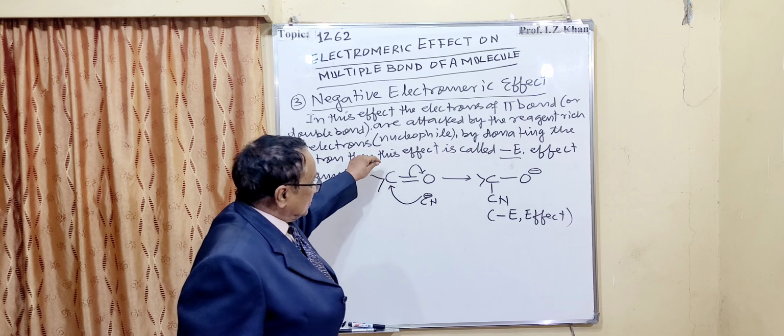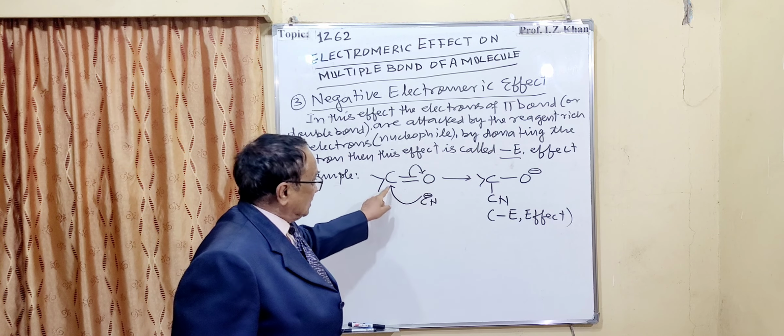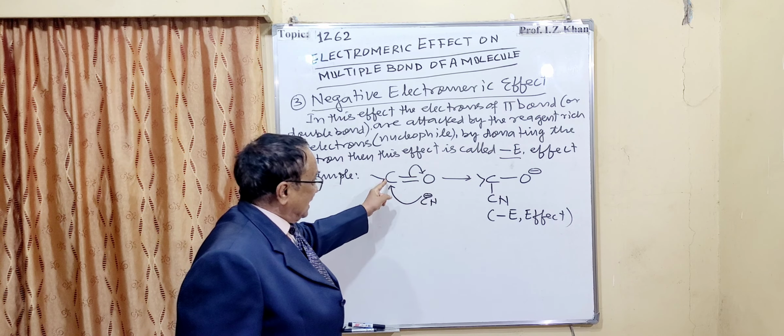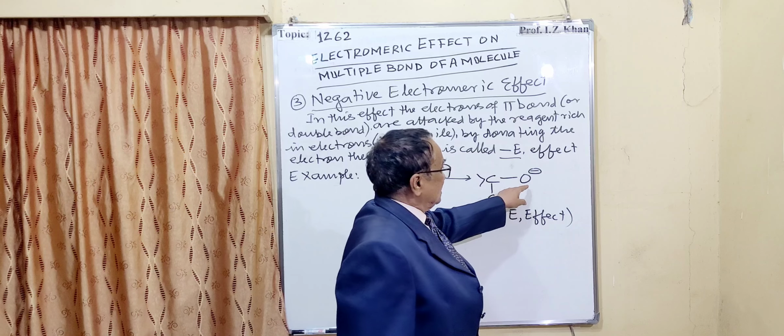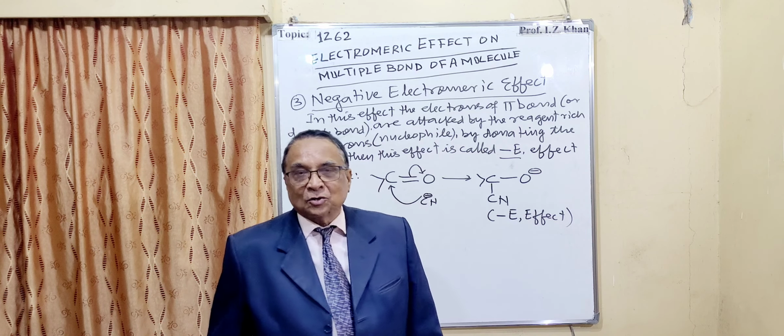Once it attacks this carbon, this pi electron will be shifted to oxygen. So it will be linked to this carbon, and the electrons will be transferred to oxygen. Then you will get CH2CN, CO minus, and this effect is called negative electromeric effect.